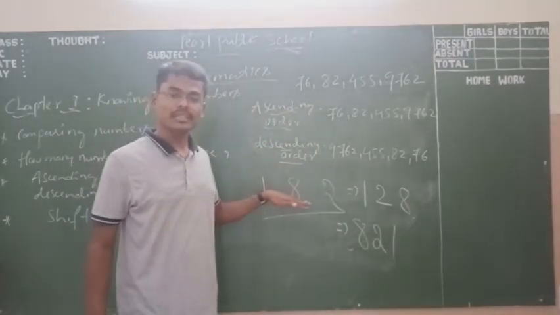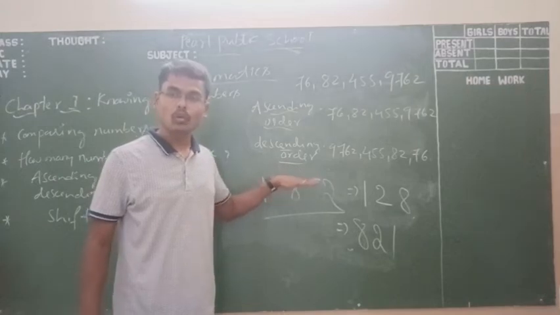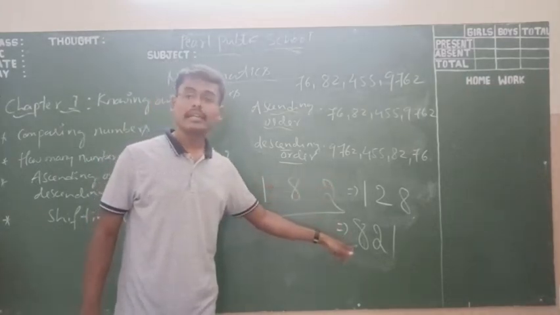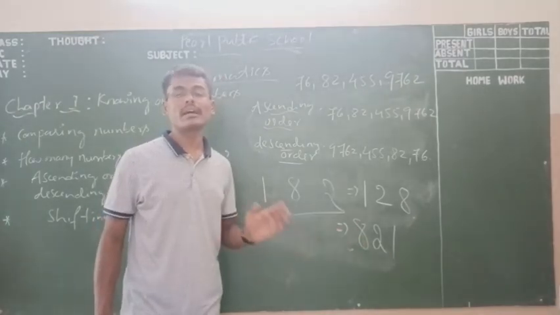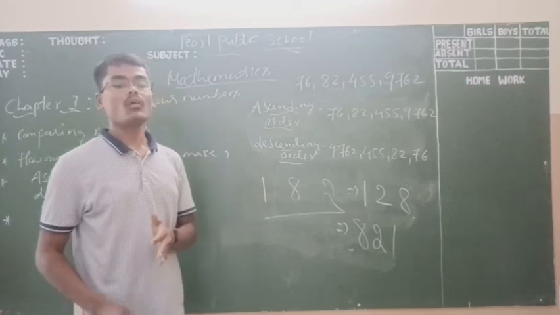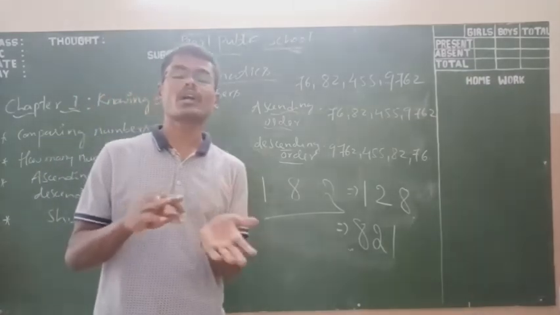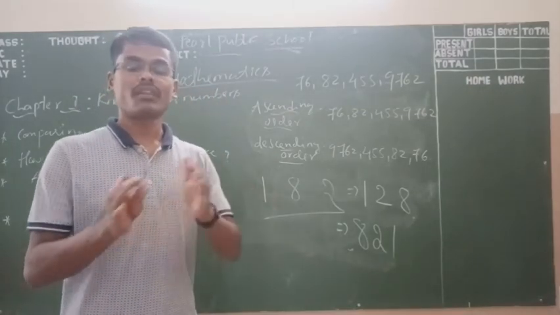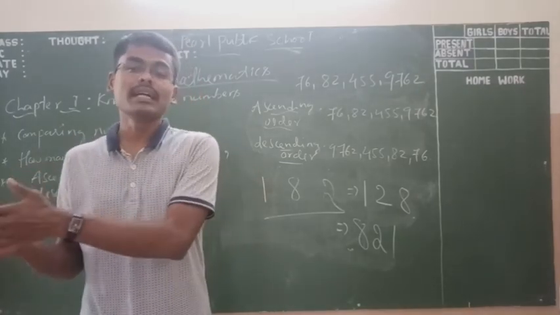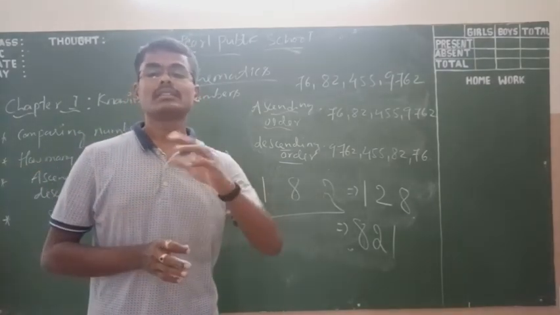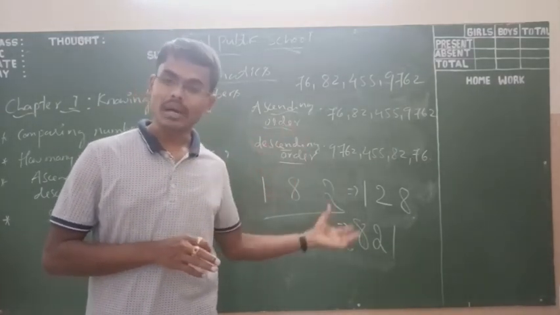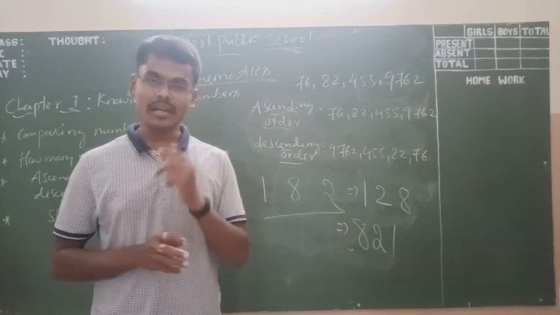For the same given number 1, 8, 2, I can write the greatest number also. What is that? 8, 2, 1. 821 becomes the greatest number for this 1, 8, 2. That is how we change their positions from 10th to the 100, from 100 to the 10th, or for the single digit. Like that, just by rearranging, we may get the smallest number as well as the greatest number.